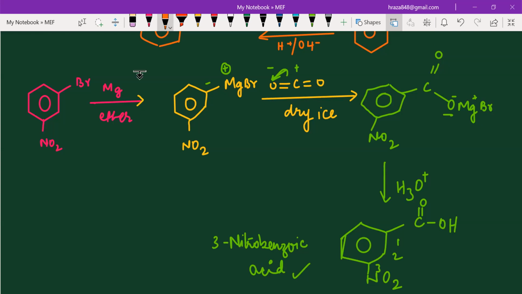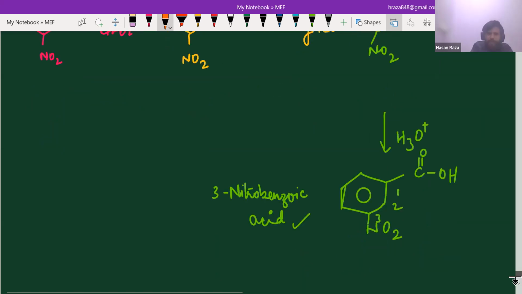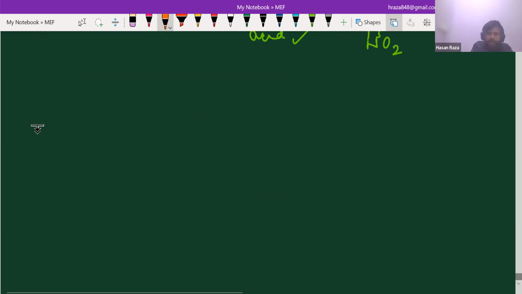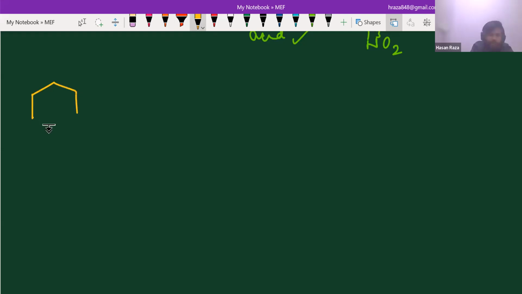Okay. Now there is a question, that is 4-methylacetophenone. So first you need to write the structure. With respect to position 1, 2, 3, 4, this is your methyl, and the acetyl group has 2 carbons.